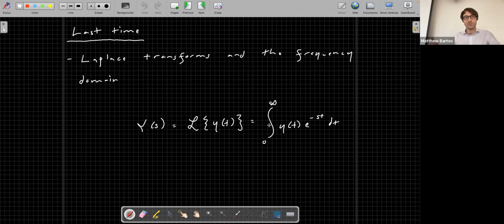And we showed how Laplace transforms, primarily for this class, are going to be useful for solving particular solutions to differential equations. In the first part of this course, it'll be for single variable systems, but later on, we'll generalize this for systems of LTI differential equations.